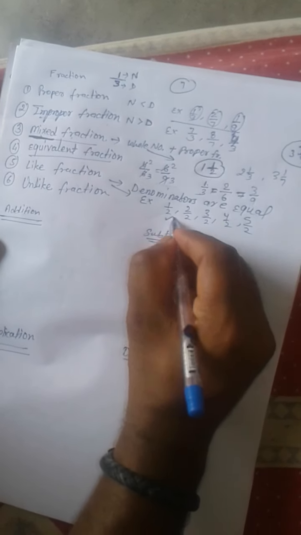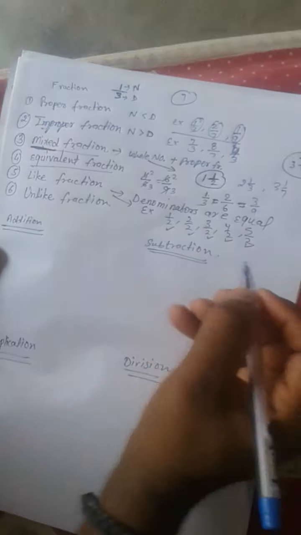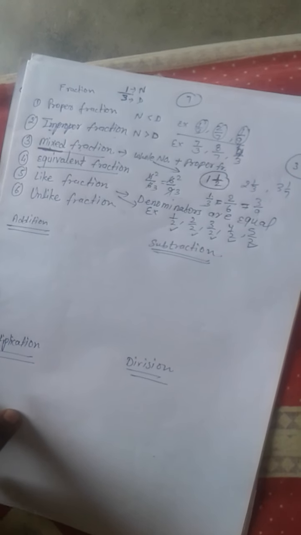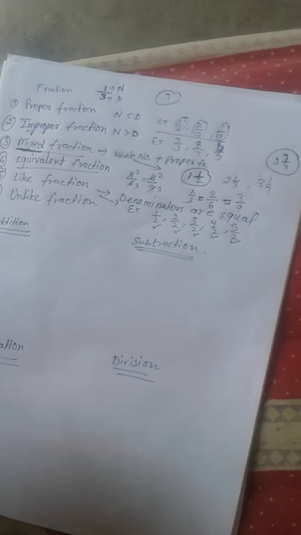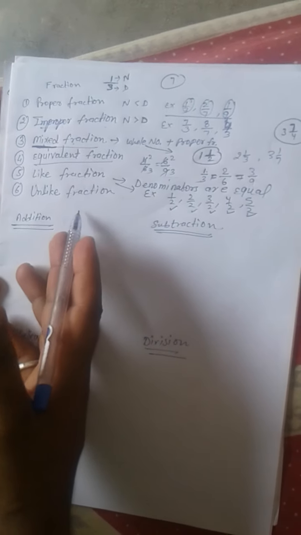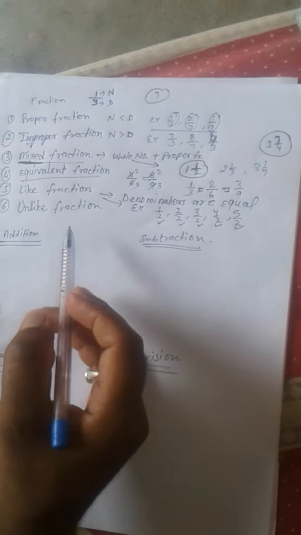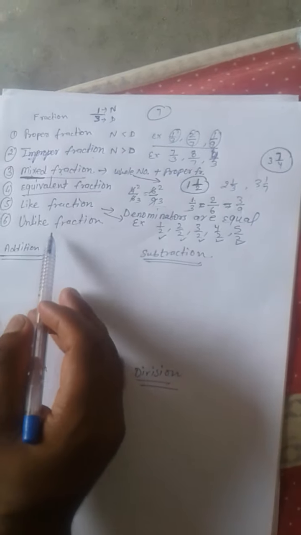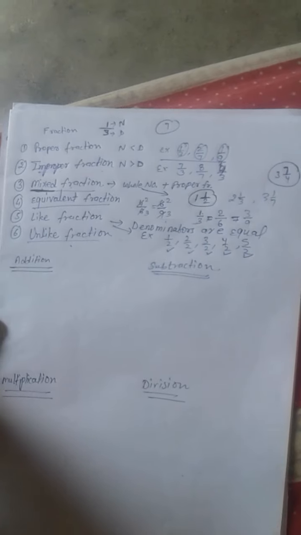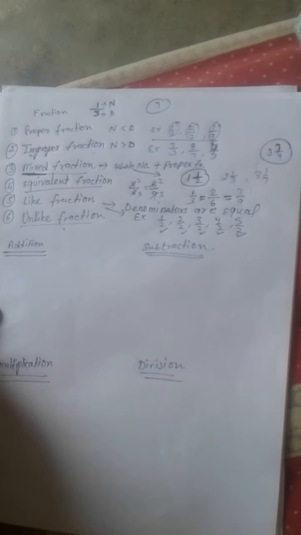These all have the same denominator, that is 2. So we can say that they are like fractions. Its opposite, unlike fractions, have different denominators. By finding the LCM of the denominators, we can convert unlike fractions into like fractions.